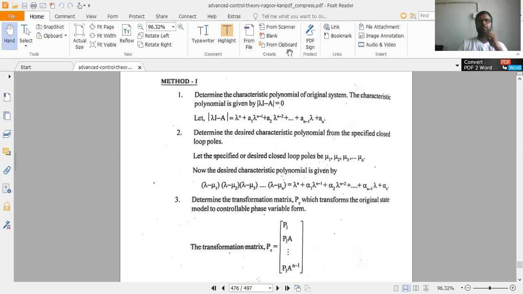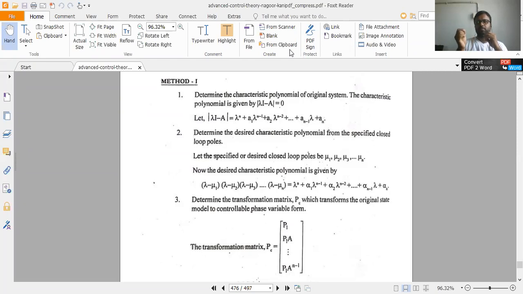From the exam point of view, you can use any kind of method. There are no restrictions for determination of the state feedback gain matrix. But if we ask you to determine it using one particular method, you have to go for that one only.